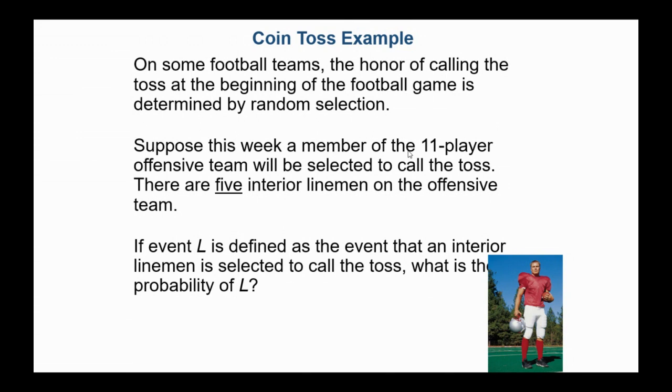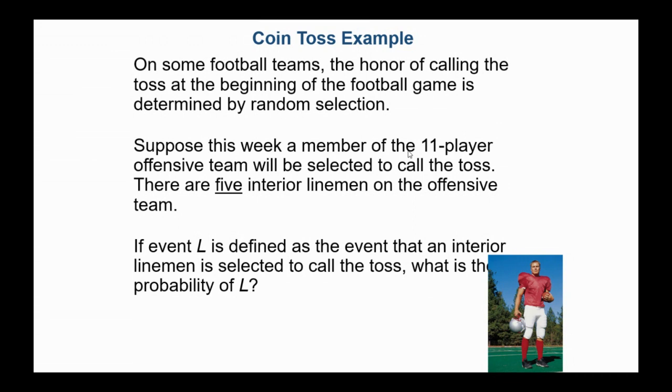I wasn't sure how. Let's say we just pick random. So this week, someone on the offensive team will be selected to call the toss. There's 5 interior linemen on the offense.